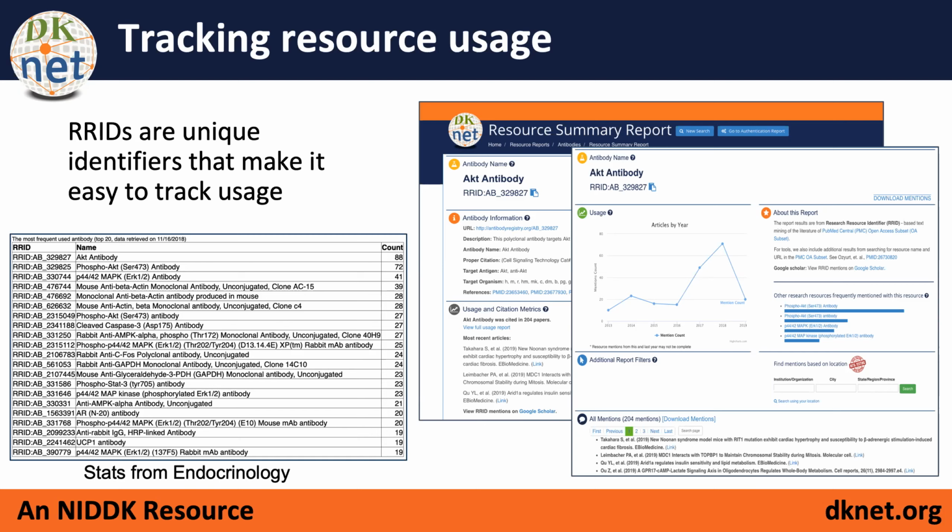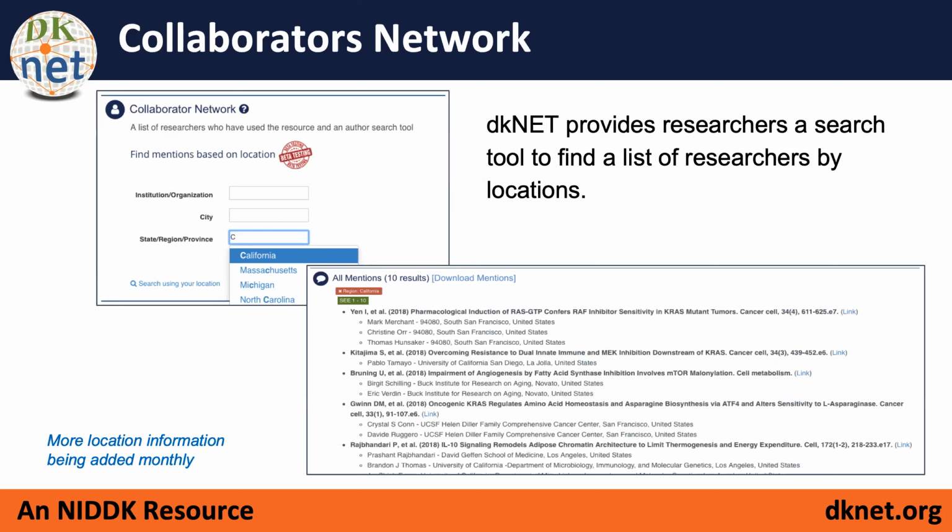We then provide additional report filters where one can look again for researchers that may be near you in terms of use of this resource. And so if you type in that information, for example, if we're looking for, in this case, California, we'll return information about researchers who have published using this resource and where they're located.